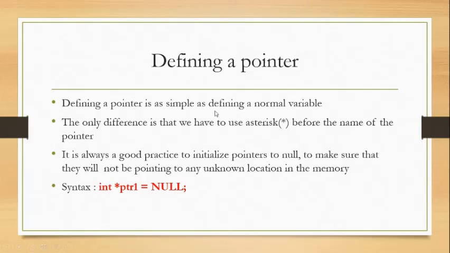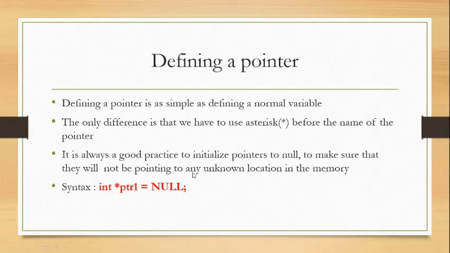So how do you define a pointer? Defining a pointer is as simple as defining a variable. For example, if you want to define a variable called x, you define it as int x semicolon. If you want to define a pointer called x, you define it in the following manner: int asterisk x semicolon. And just like initializing variables to 0 is a good practice, initializing pointers to NULL, a keyword called NULL, is a good practice, because NULL says that the pointer isn't pointing to any memory location.